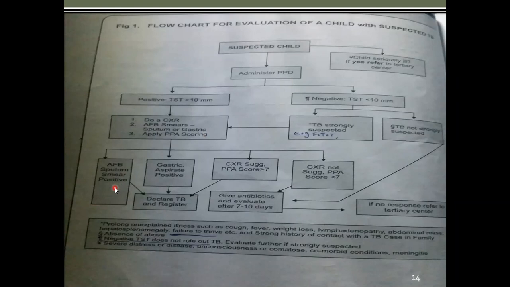If the AFB sputum is positive, the gastric aspirate is positive, or the chest X-ray and PPA score suggest a score of more than 7, then declare this patient as TB positive and register. These algorithms are for your help, so always try to carry them with you and practice them.